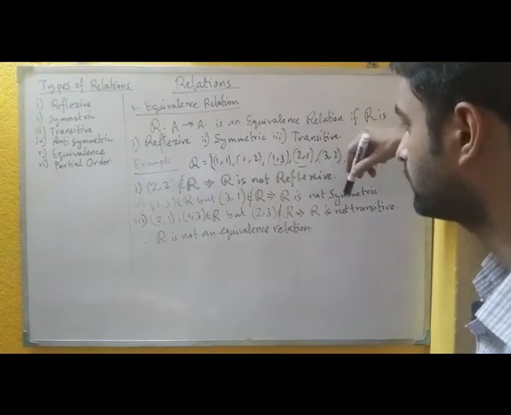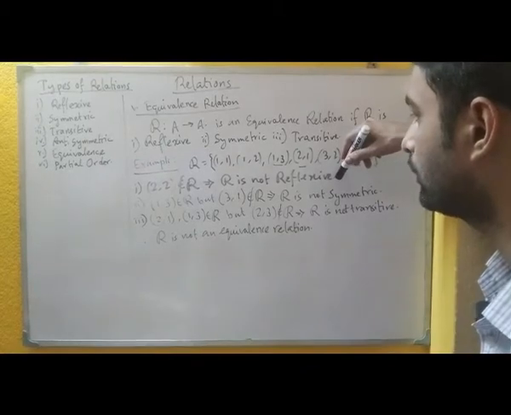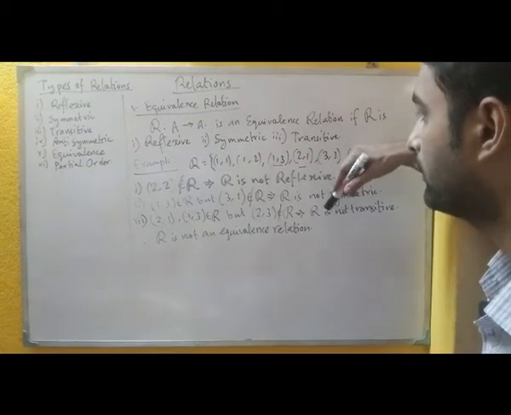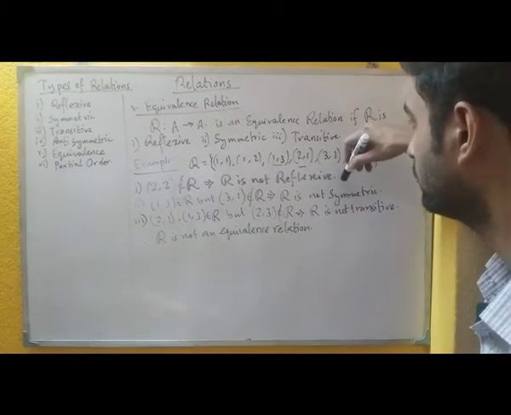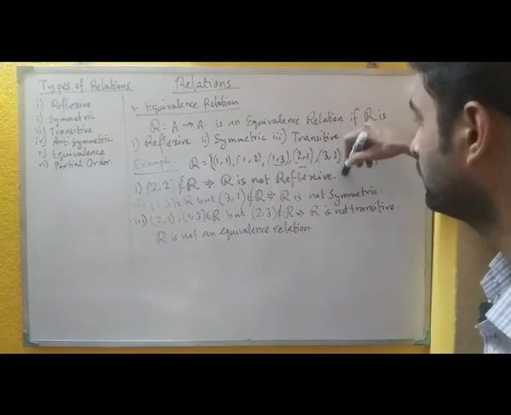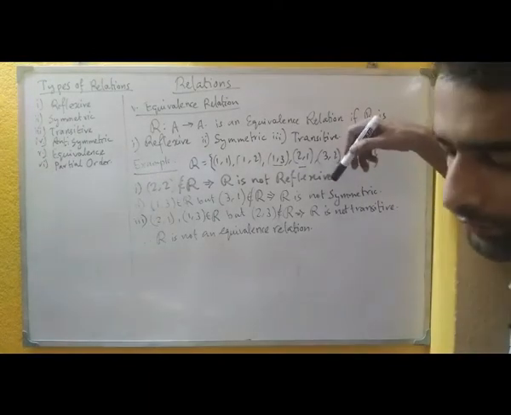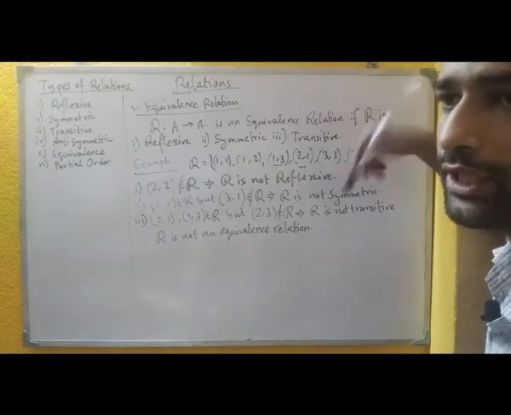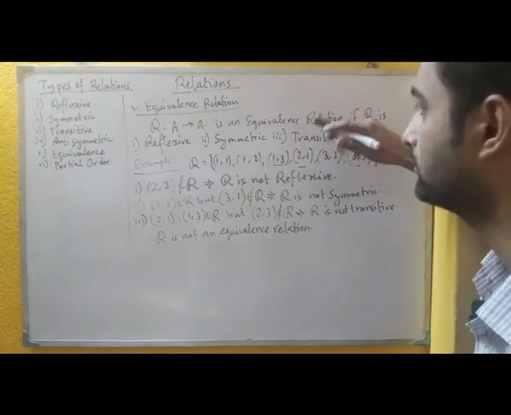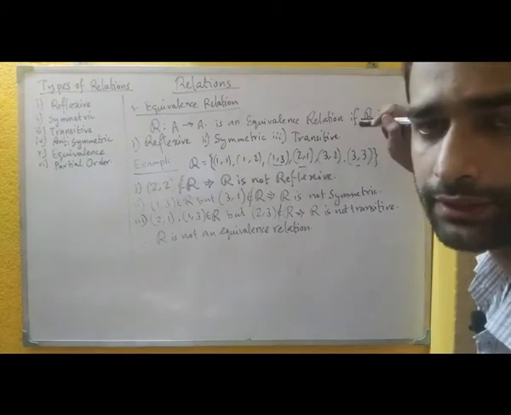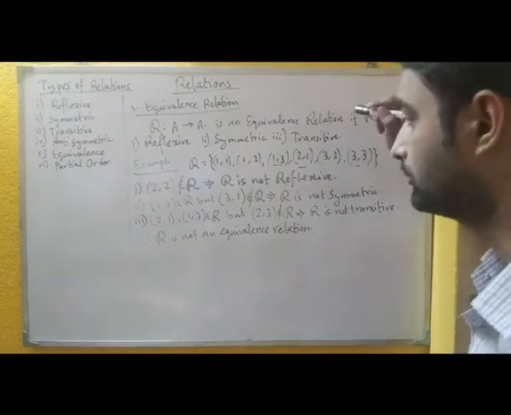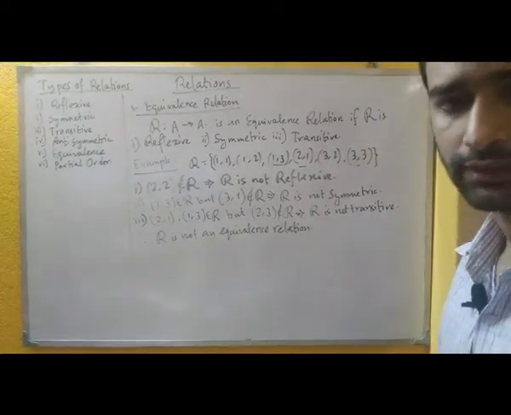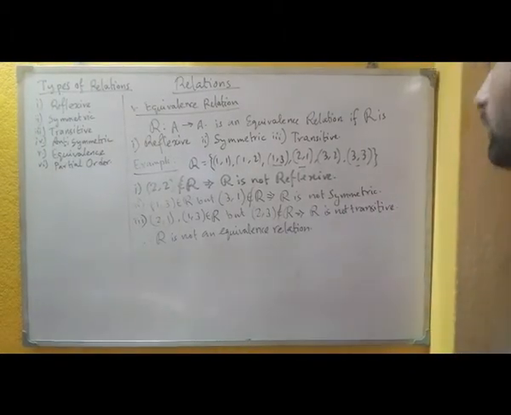Here, just for checking, I have done all 3 conditions, but in the exam you can say it from the first, or whenever one of the conditions is not being held, from there you can say that the relation is not an equivalence. So let us take another example that is an important one.